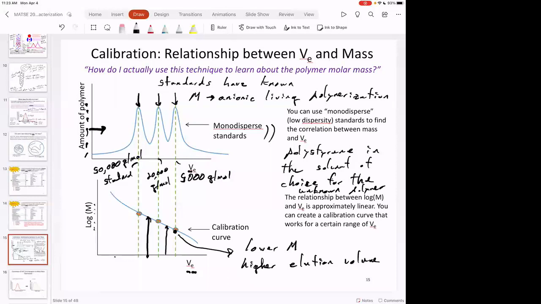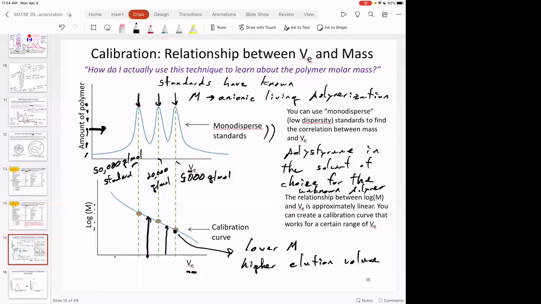So even if you're not making polystyrene as your unknown, usually you calibrate the SEC, or the size exclusion chromatography instrument, using dichloromethane or toluene or chloroform or whatever solvent is appropriate for your unknown, and polystyrene. Because we know that as you change solvents, and of course, as you change the polymer chemistry too, the solubility parameters are changing.